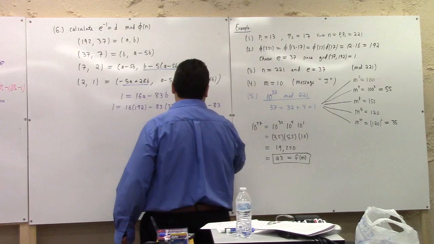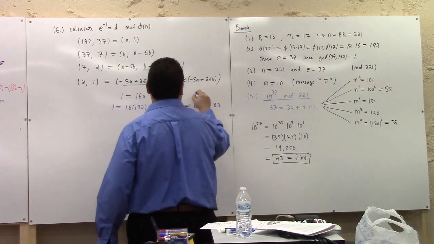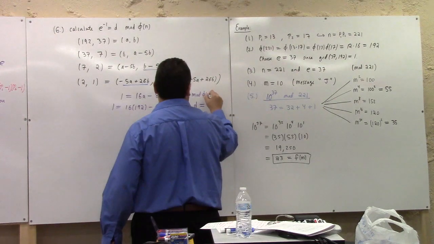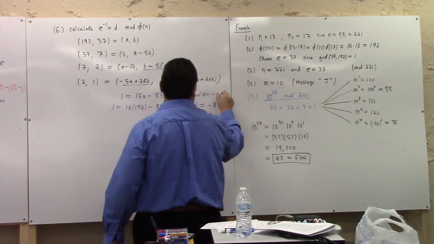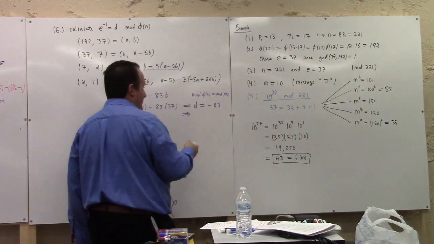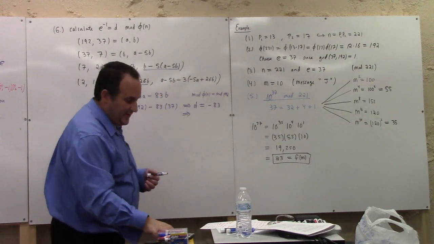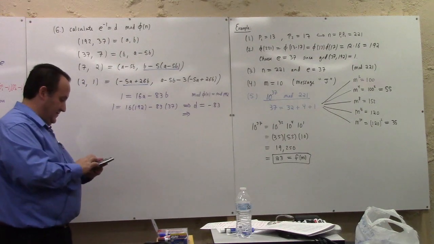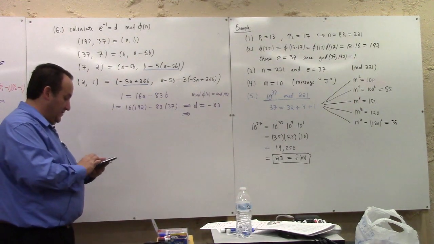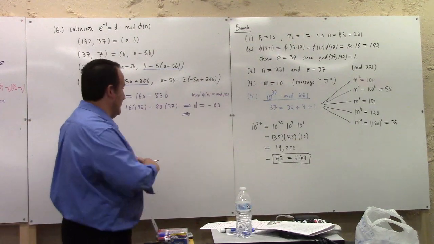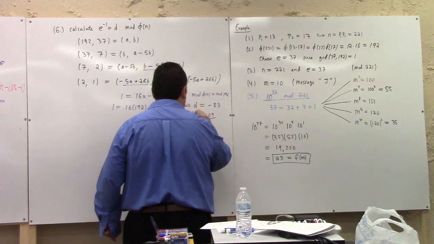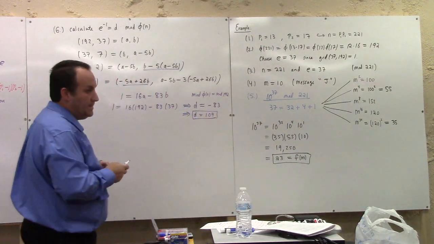And we're working mod phi of n, which is mod 192. So you want to add 192 because nobody wants to take the minus 83 power. So 192 minus 83, 109, is our decryption exponent.